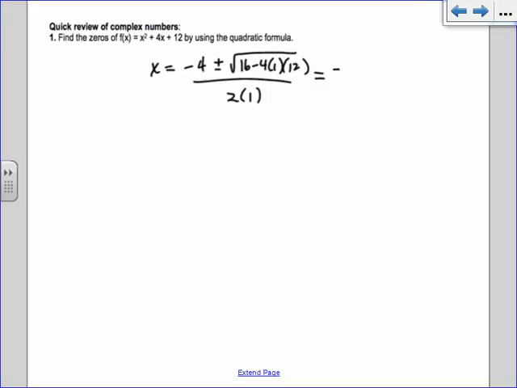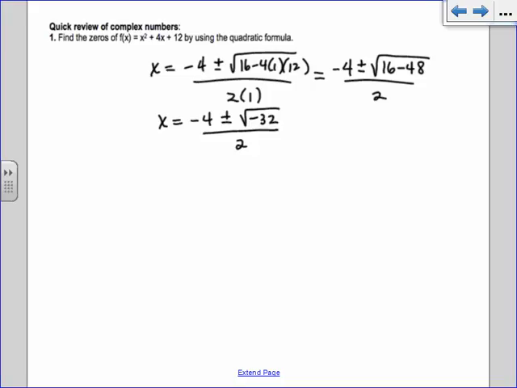All right, so I get negative 4 plus or minus the square root of 16 minus 48 all over 2. So I get negative 4 plus or minus the square root of what? Negative 32.